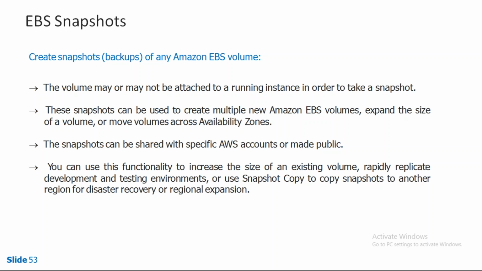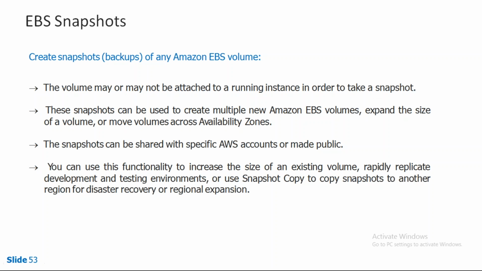So that's the point. And next, the backup is used in such a way. The next is how this backup is taken. So that is what we need to understand of any Amazon EBS volume. The volume may or may not be attached to a running instance in order to take a snapshot. So you have a flexibility.